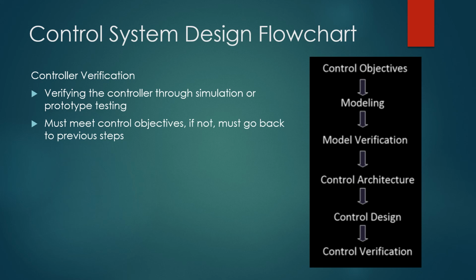If for some reason the controller does not meet the control objectives, then the controller engineer has to go back to previous steps. In extreme cases, they may have to go back to the first step.